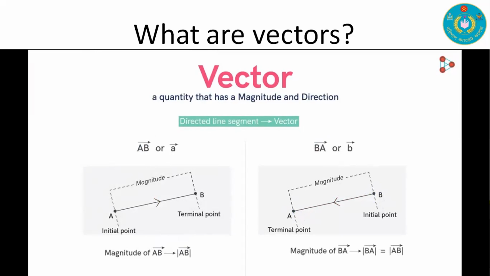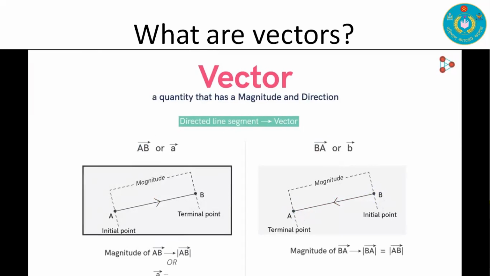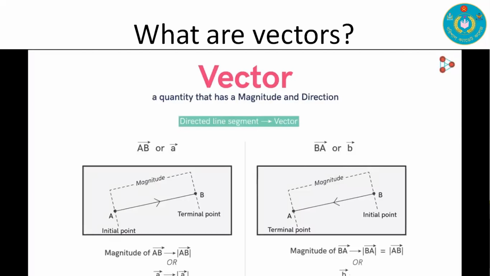Here the magnitude is the same, and the magnitude of BA and the magnitude of AB are the same, but the direction of the first vector is from A to B and the direction of the second vector is from B to A.